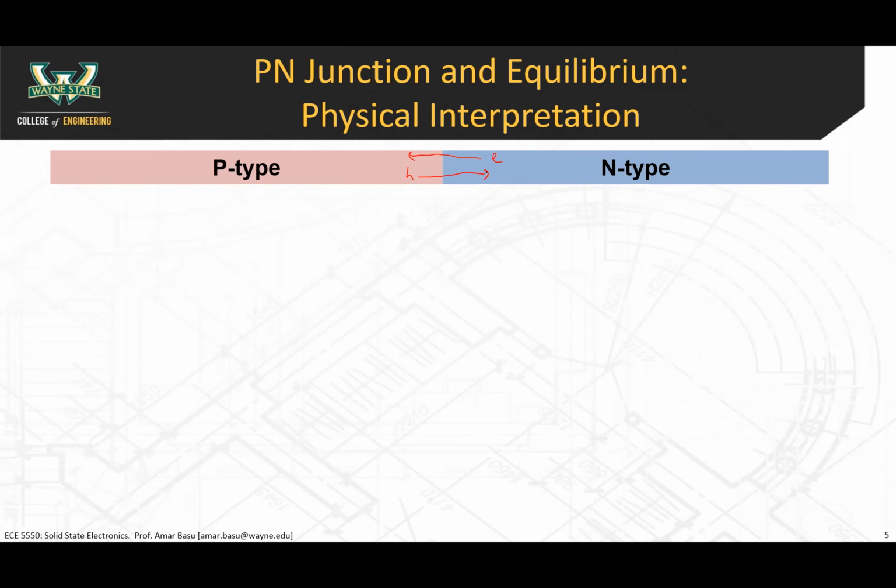Well, for generation, if you had something to heat it up. Sure. If something's heated up, you'll have more generation. That's good. In this case, let's say we're at equilibrium, so we're not heating up the material right now. So let's put that temperature-based generation aside for a second. But what other things might cause generation?